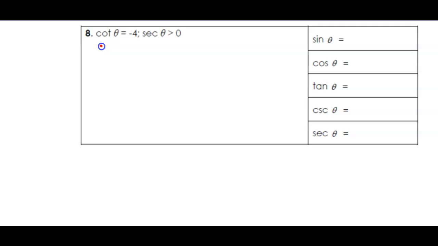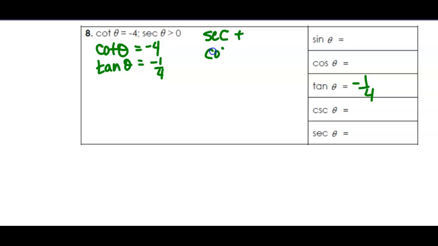This says the cotangent is negative 4, which would tell us right away, if we flip that over, that the tangent is negative 1/4. The secant is greater than 0, meaning the secant is positive, which means the cosine would also be positive.